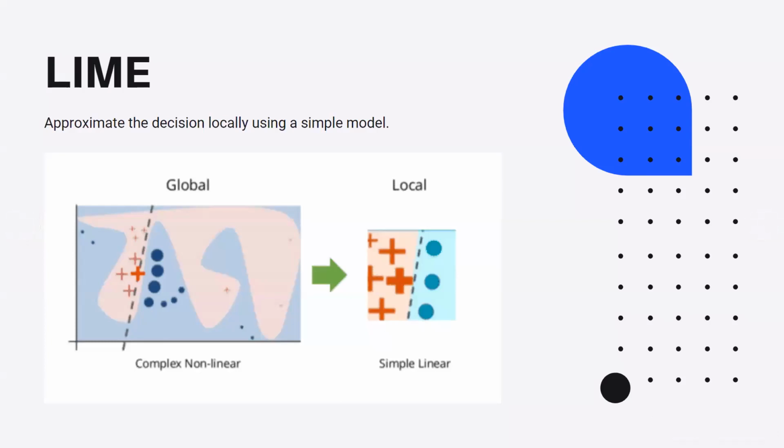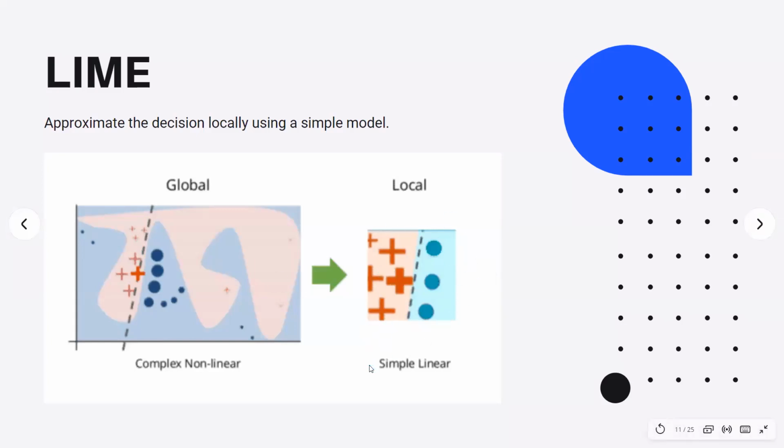LIME in simpler terms takes a very complicated model and tries to estimate it locally, only in this decision, using a simple model. It tries to estimate the decision made only locally, only in this area, using a simple linear model.